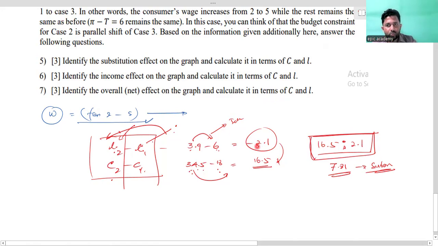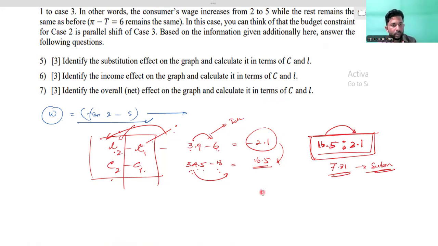Do not worry about the negative values, okay? It is just changing. Don't worry about the negative values. It is a changing value. So that means for an increase of 2.1 leisure, they are going to sacrifice 16.5 consumption. That is the substitution ability of the consumer. Did you get that one?